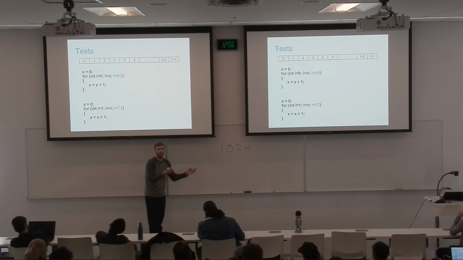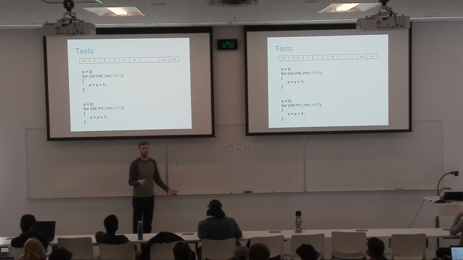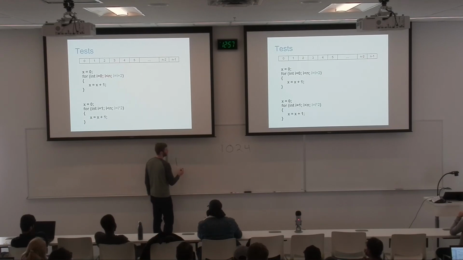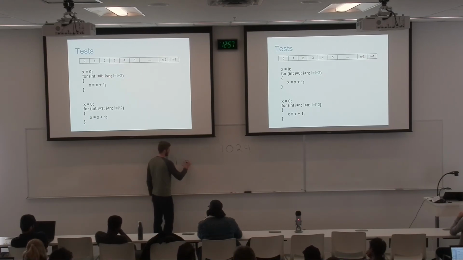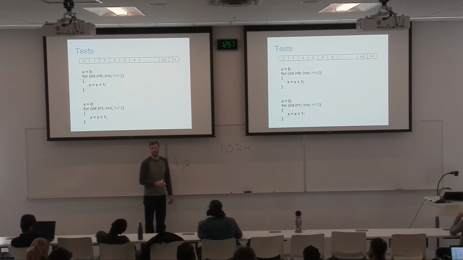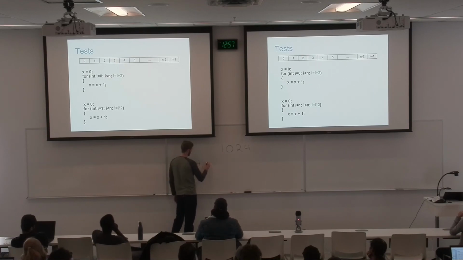Okay? So 1. Is 1 less than 1,024? Yes. Of course it is. So we do it, and then we double it. We double it. We double it.